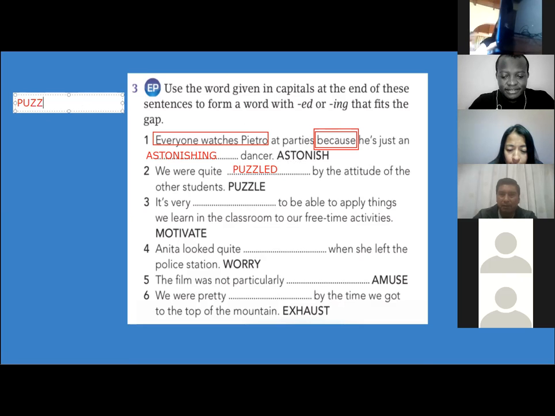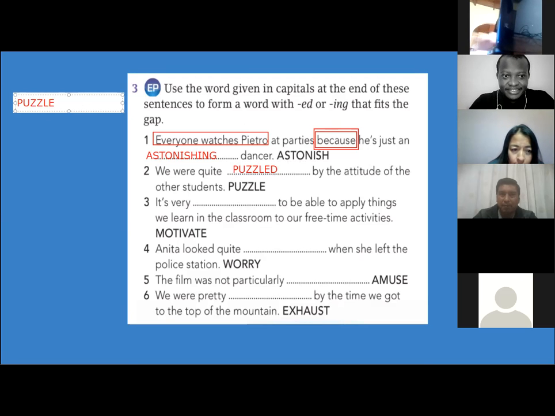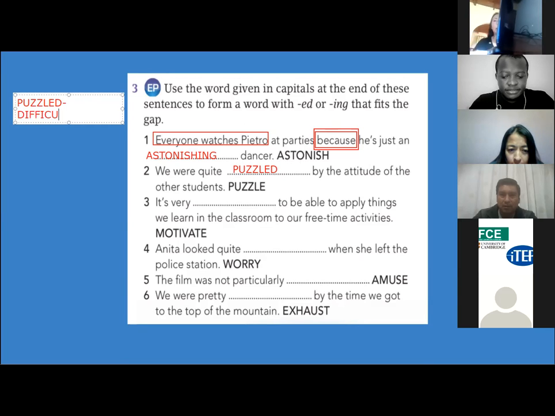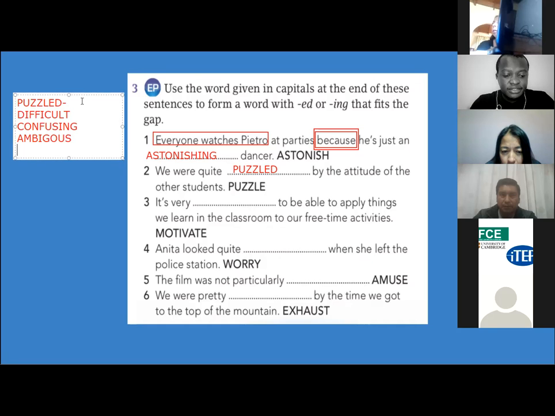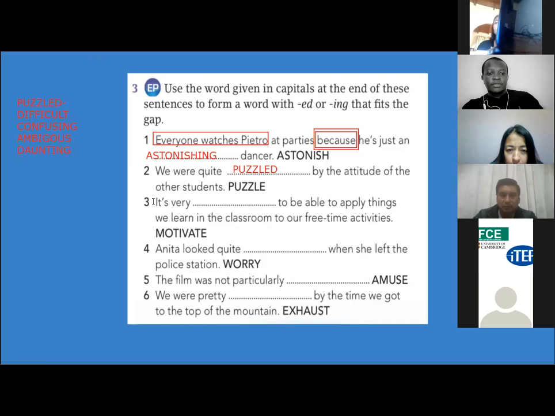Do you know a puzzle? Is a synonym of difficult? Correct. Difficult, confusing, ambiguous, daunting. Very many. Okay, let's continue.